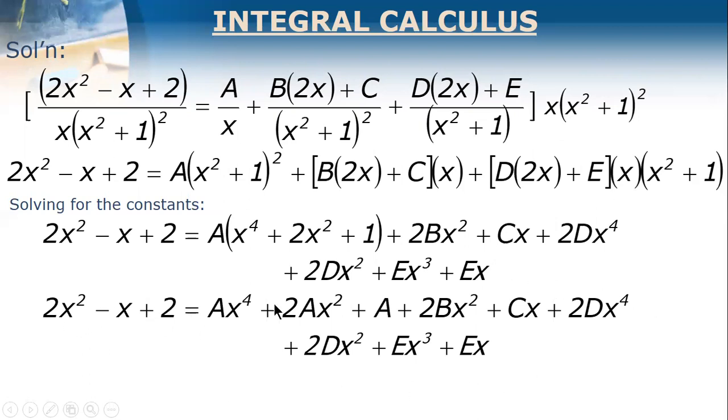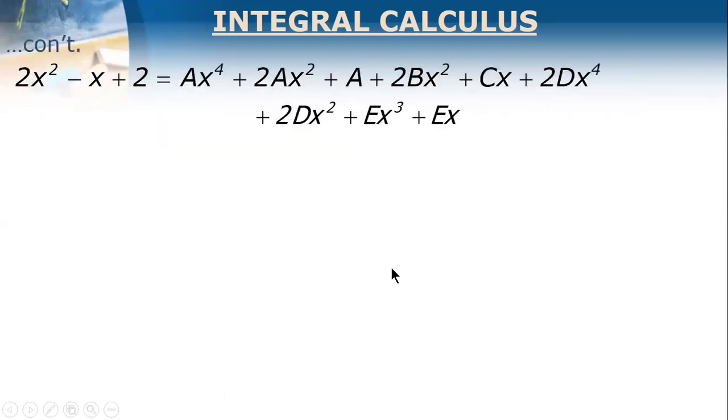So after this, let's compare coefficients. The highest power of x on our right side is 4. So we'll start with x raised to 4. 0 on the left, we don't have a term containing x raised to 4. On the right side, we have A plus 2D.